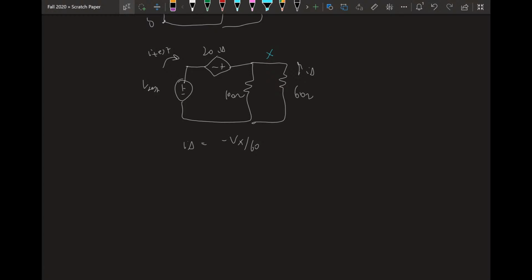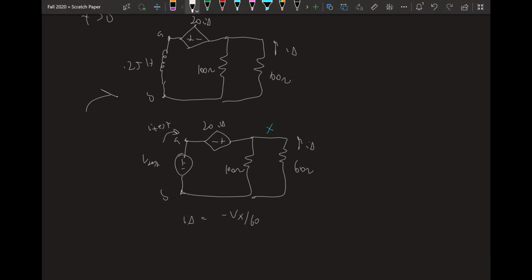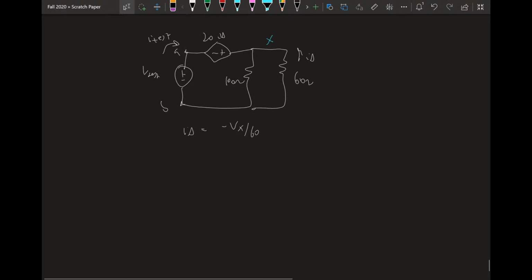So at node A, see the nodes from our circuit up there. At node A, because of the voltage source, VA equals V test. At node B, I test.